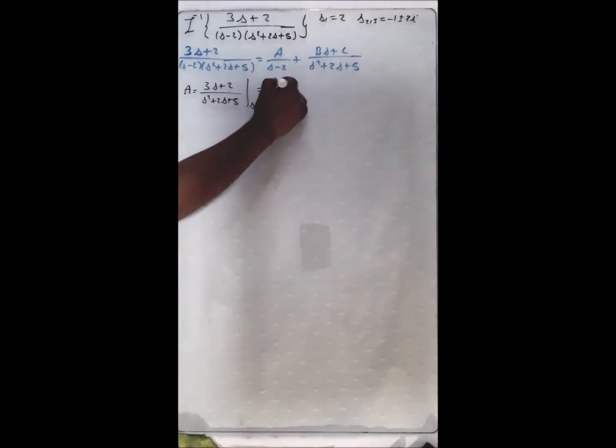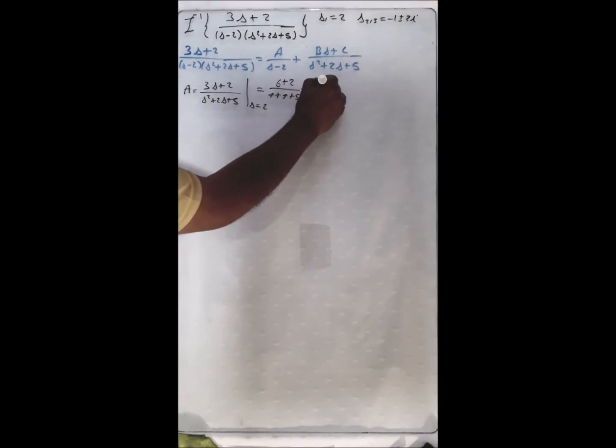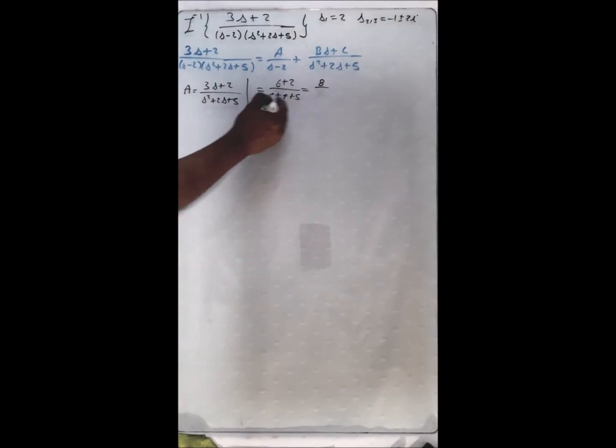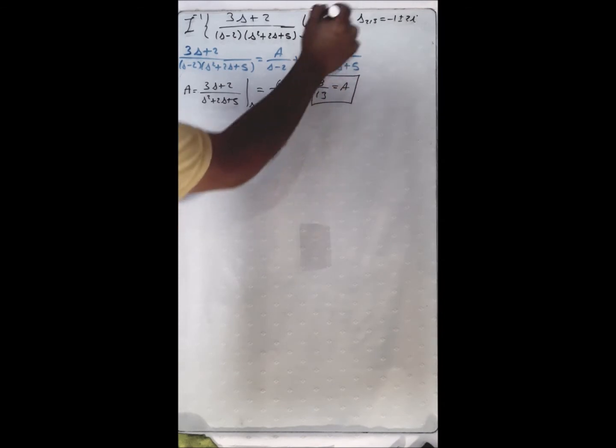Okay, so if you do so, here is going to be 6 plus 2 over 4 plus 4 plus 5. So the result of this is 8 over 13. Alright, so that is the value of A. So you have found the value of A in this partial fraction.